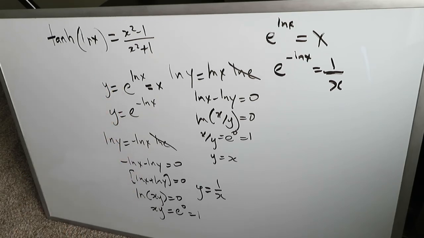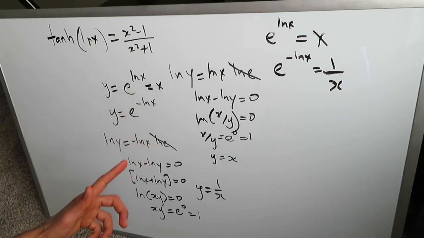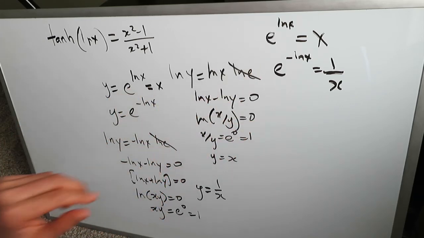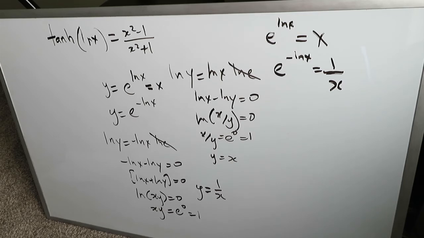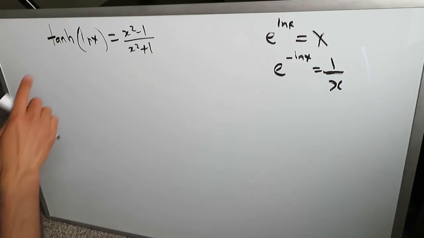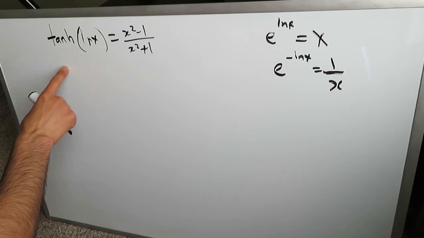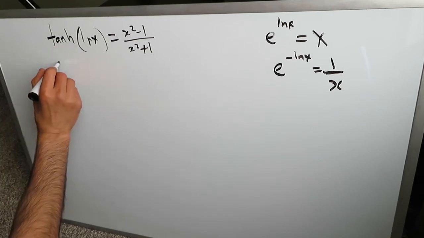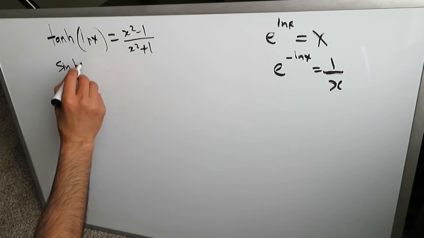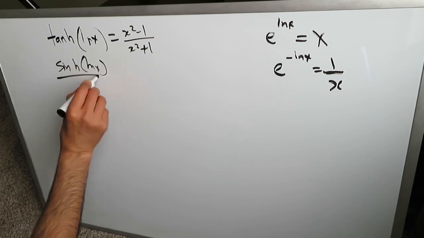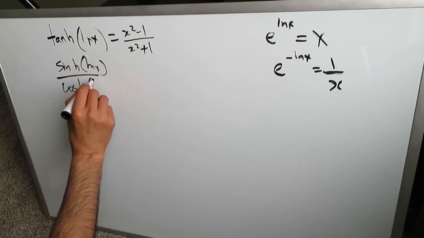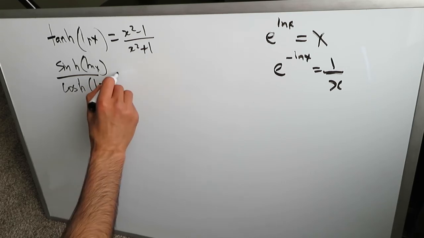Now all I gotta do is actually make space so I can run this through. And I've shown you why these substitutions will play in right over here. Let's make that space. Proceed with this question as if you were doing a regular question where you're splitting the tangent into the sine and cosine components. You get sinh of natural log x over cosh of natural log x.